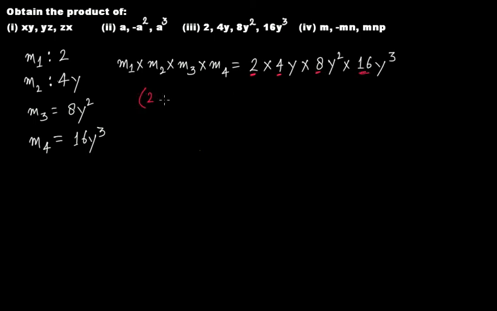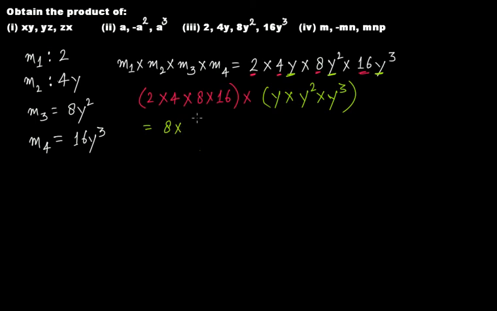So you write it as 2 multiplied by 4 multiplied by 8 multiplied by 16, right? And then multiplied by, you have y here, you have y squared here, you have y cubed here. So this is y multiplied by y squared multiplied by y cubed. This is now 4 times 2 is 8 multiplied by, this is 8 times 16, 128, and this is y to the 1 plus 2 plus 3.